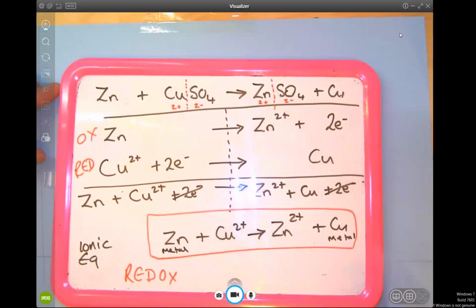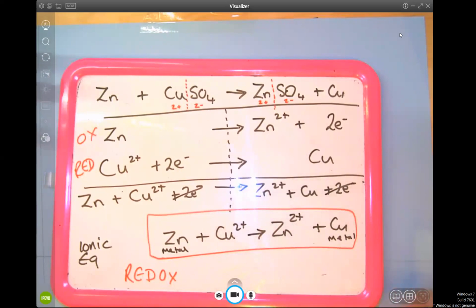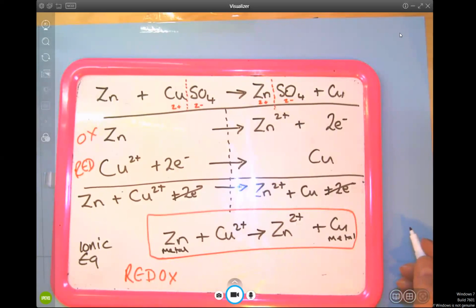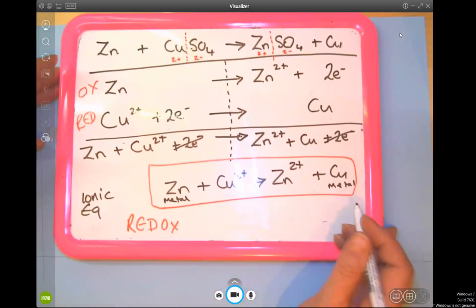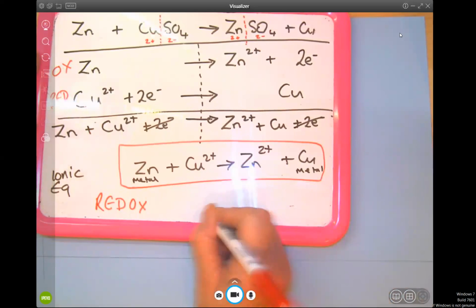I didn't include the sulfate because the sulfate is the salt. I've got a copper sulfate salt, I've got a zinc sulfate salt. The sulfate didn't change, all it did was change its partners. So the sulfate's not part of this because it didn't undergo any chemical reaction whatsoever.